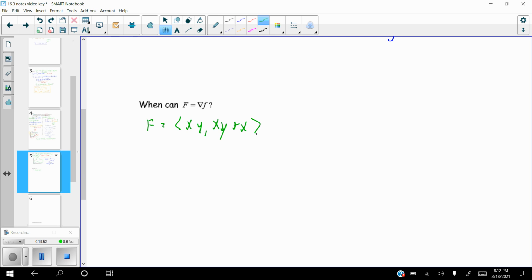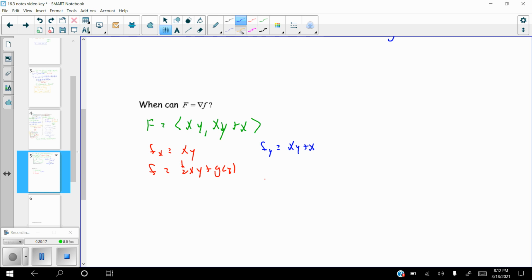Because if you were to actually work this out, that means that f sub x would be xy, the antiderivative with respect to x would be 1/2 x squared y plus some g of y. But then we'd also know that f sub y would have to be xy plus x.